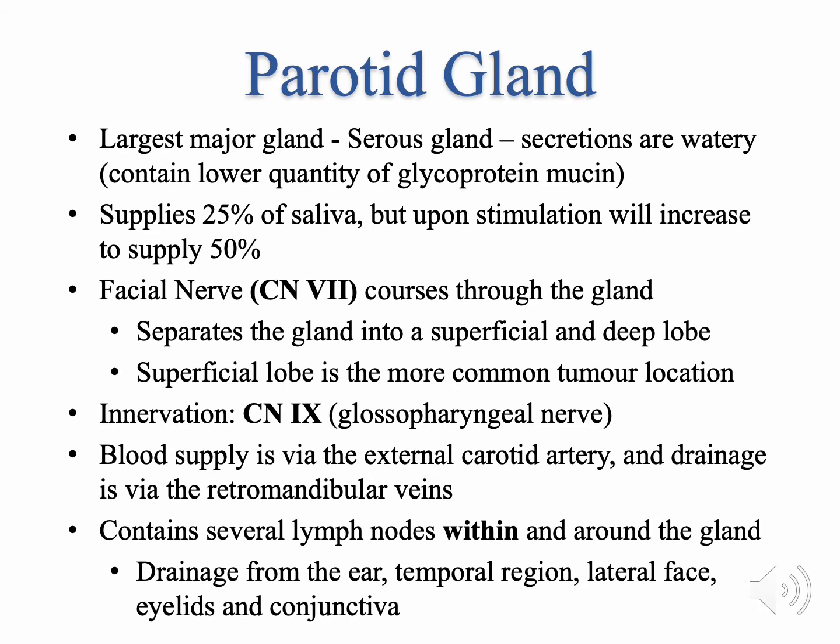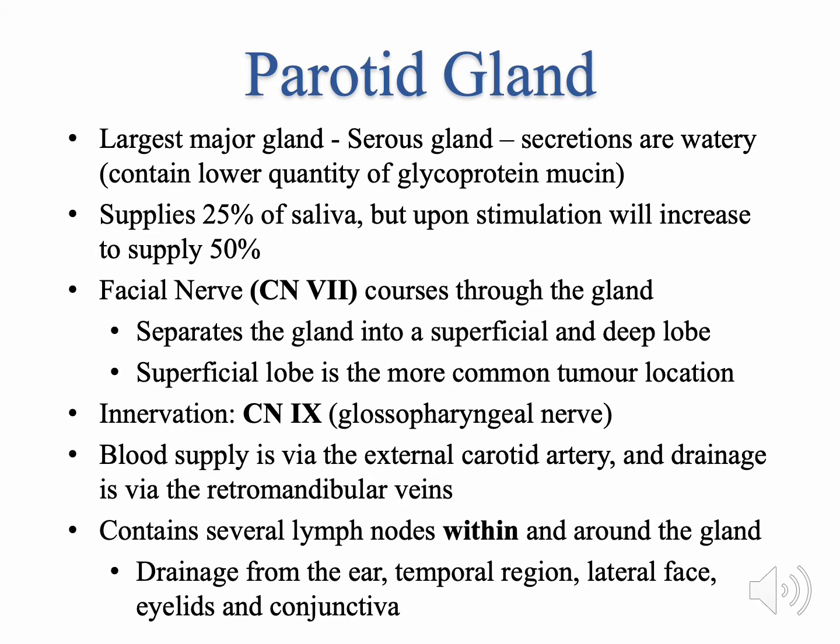Now, the parotid gland provides roughly 25% of our saliva when we're just sitting at rest. When we are stimulated, in particular by eating or chewing, the gland will increase its function to supply roughly 50% of our saliva.